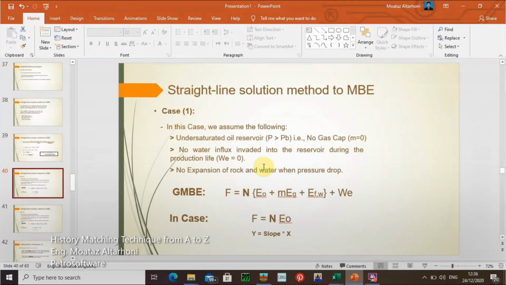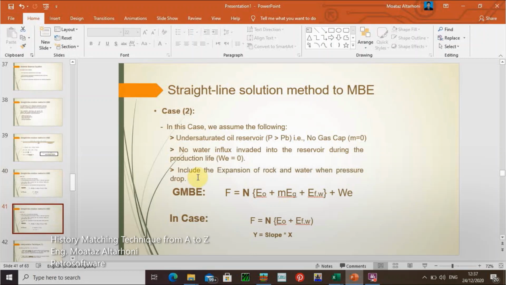Here in the first case, case 1, I assumed no effect of rock and water expansion, and that's wrong, because our estimated original oil in place, which we will compare later, assumed no effect of rock and water expansion, and we know the rock and water expansion has an effect on our reservoir and our production, as well as the water influx. So I remove this from our equation and also cancel this point.